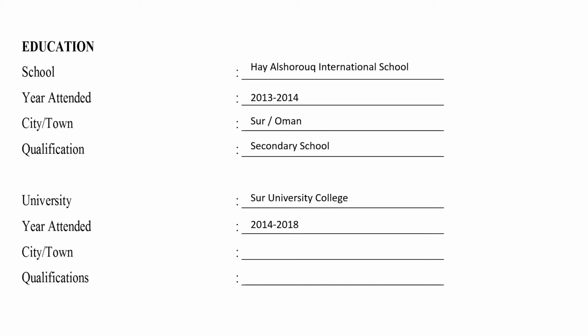No. It should be after school. And after that, where is it? In Sur in Oman. And what qualification you have? Bachelor degree in marketing, business, finance, computer science, engineering, or master's degree in engineering. Okay, so here you have to list. If you have any other certificates, you have to list them below that.